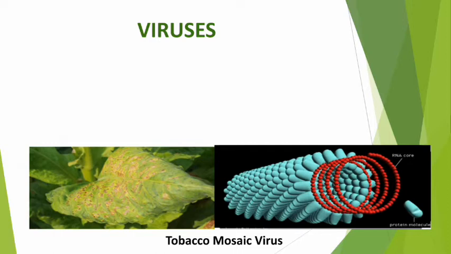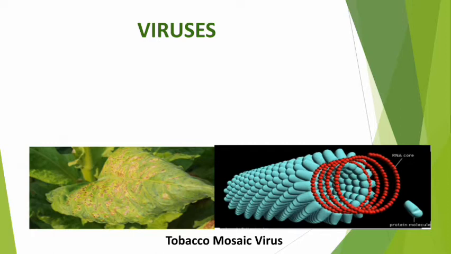When you say virus, it is not a cell, it is much smaller than a cell. To be a cell, it must consist of a plasma membrane, cytoplasm, and a nucleus.